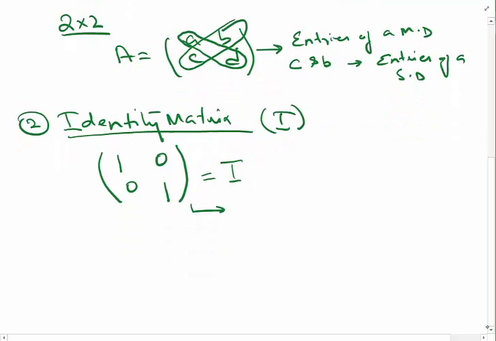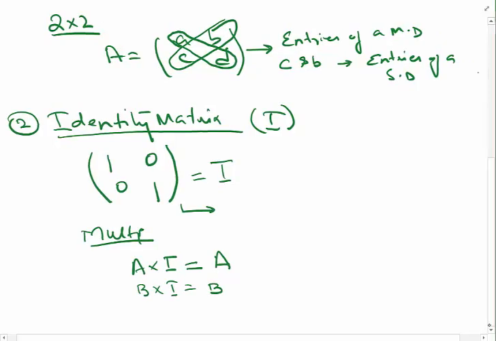Why do we call this identity matrix a multiplicative identity? It's because when we multiply any matrix with identity matrix, provided multiplication is possible, we will get that matrix. Alright, so if we multiply A with identity, we will get A. If we multiply B with identity, we will get B, and so on.